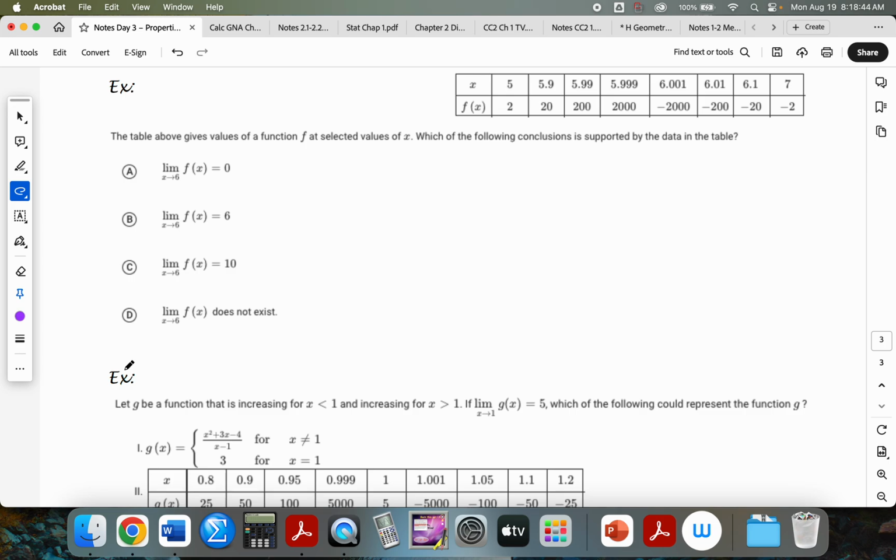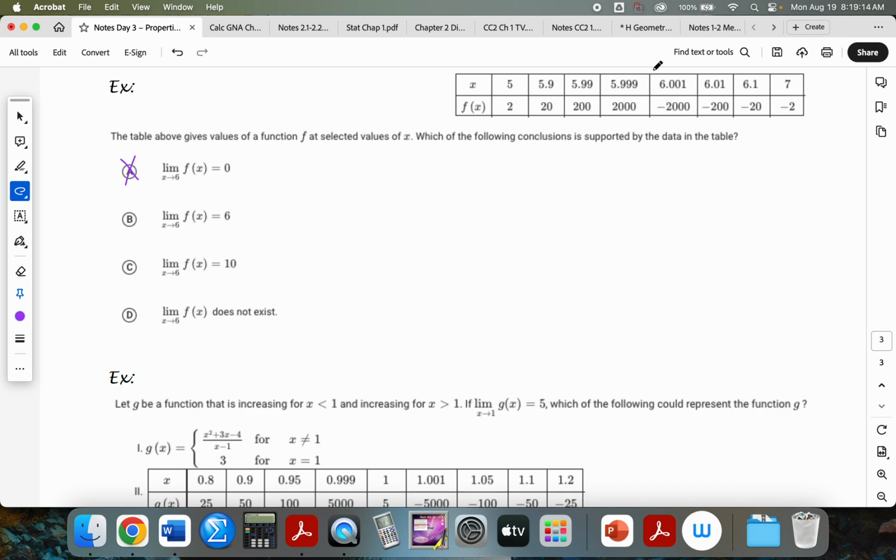The table above gives values of a function f at selected values of x. Which of the following conclusions is supported by the data in the table? So, does the limit as x approaches 6 of f of x equal 0? No. You can't average those out, right? The limit as x approaches 6 of f of x is equal to 6.